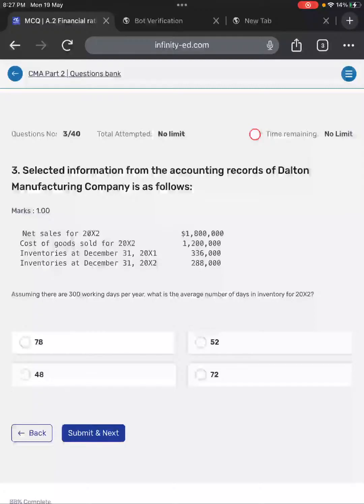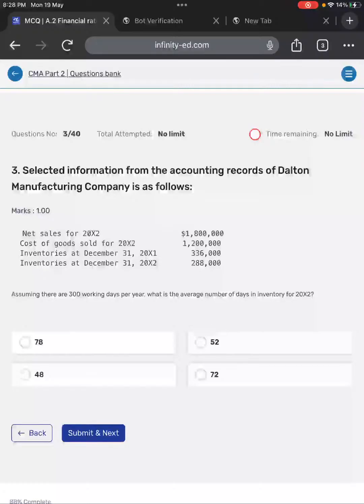Net sales 18 lakh, cost of goods sold for 2002 12 lakh, and inventories at the end of 2001 3,36,000, inventory at December 2002 2,88,000. Assuming there are 300 working days, find the average number of days of inventory.